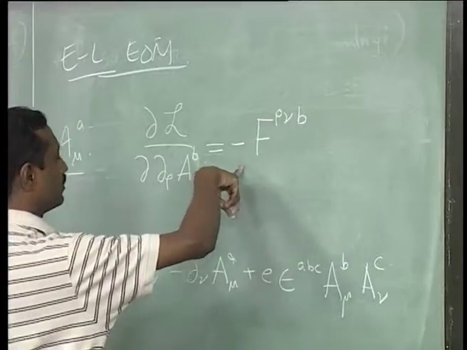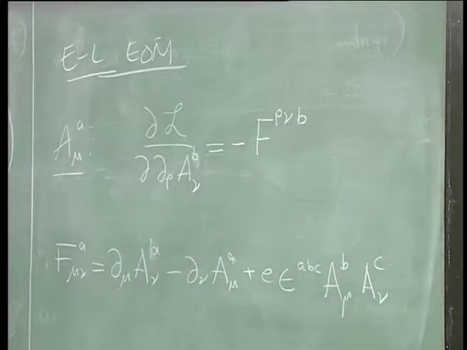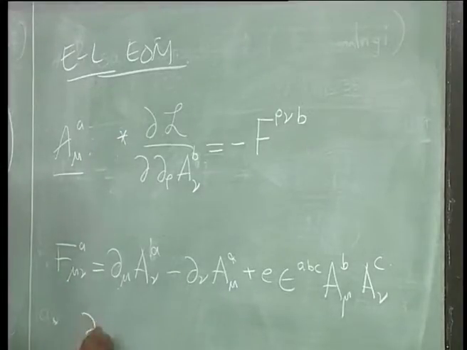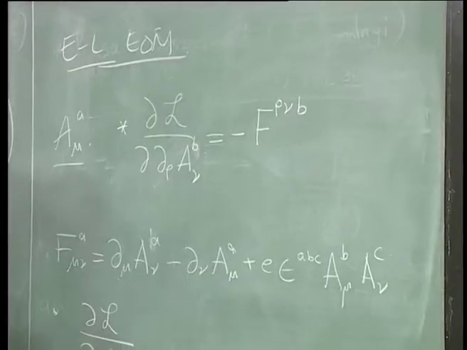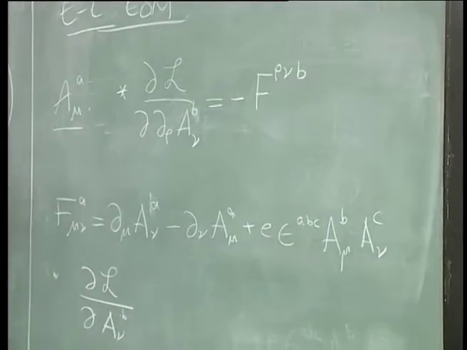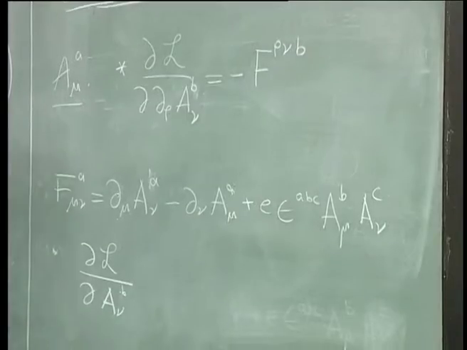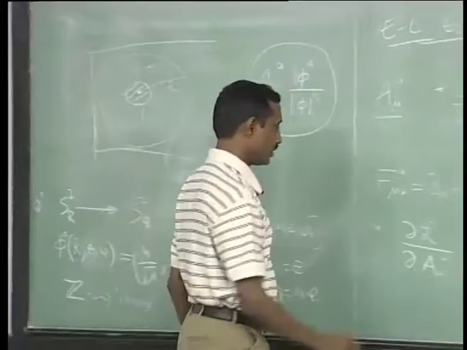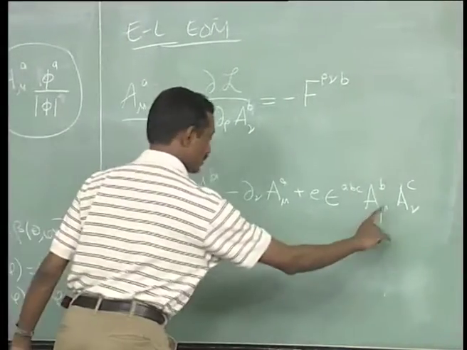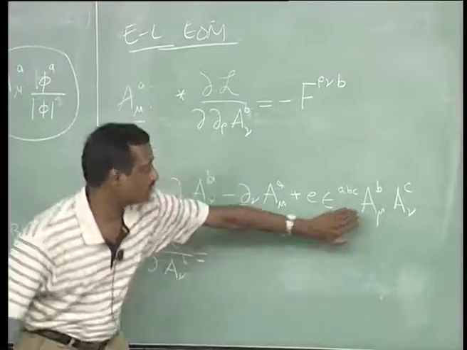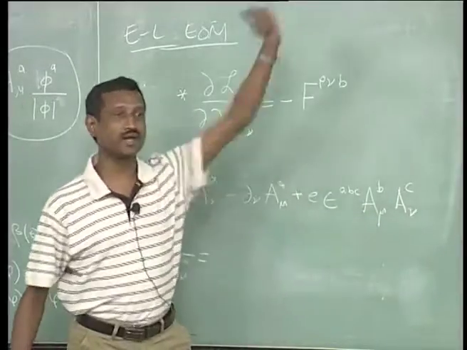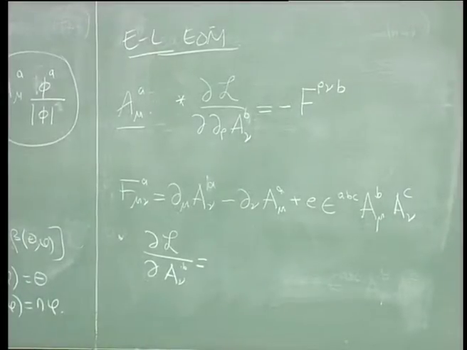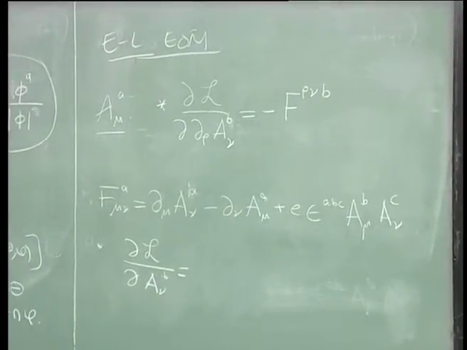But we also need to work out a nu b. Now comes the thing that we have exactly one more piece out here. Again you can see that there will be 4 terms, one coming from here, one coming from here, and the other f square. So the 4 will cancel with the 4. So I need to only work out one term. You know that the rest will work out.